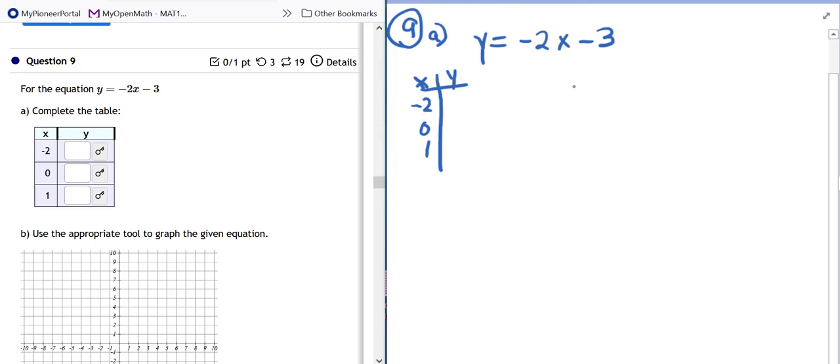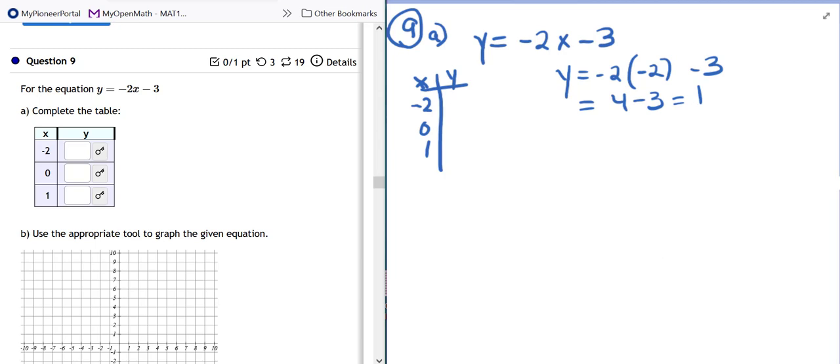So if we put in -2 for x, we have y equals -2 times -2 minus 3. So this is 4 minus 3 is 1. All right, and then they give us 0. When you plug in 0, that's nice. It cancels that piece out. So that's gone.